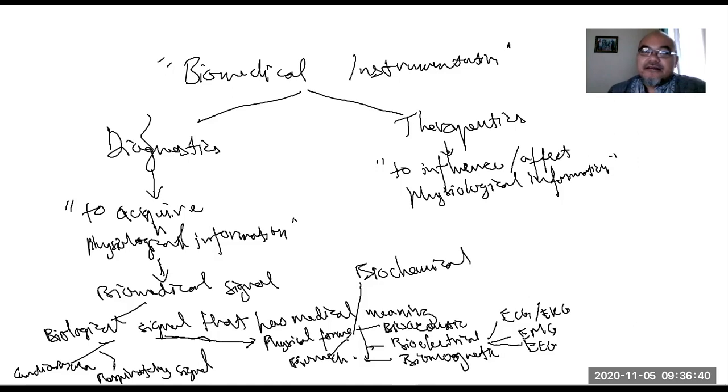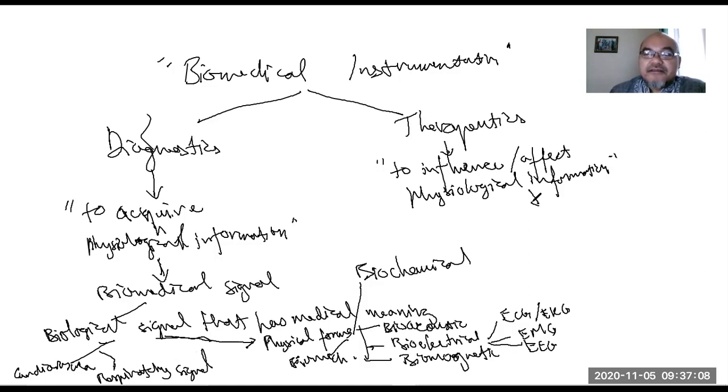So this is the purpose of therapeutics. Having said that, they have different characteristics, between diagnostic devices and therapeutic devices. Similarly here, we draw to influence or affect physiological information, in terms of classification, also basically similar to diagnostic.